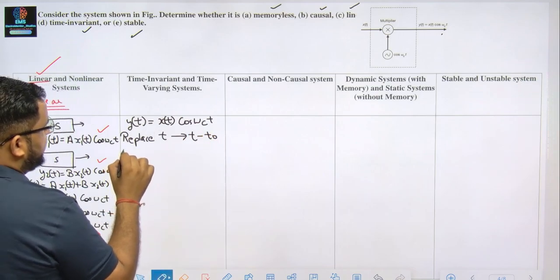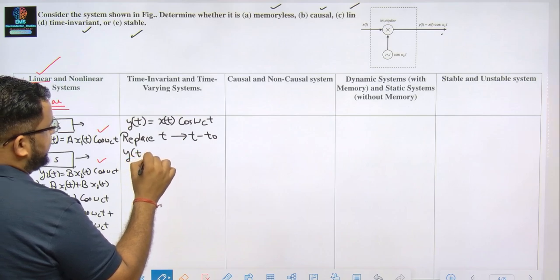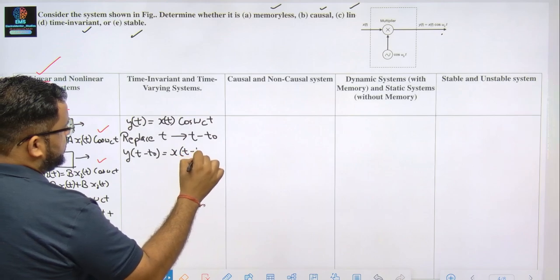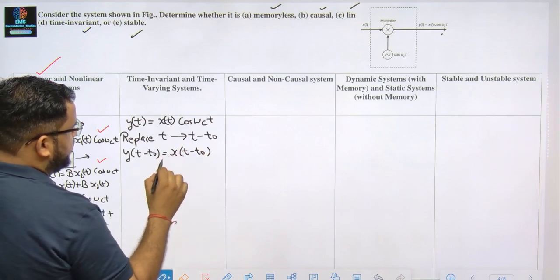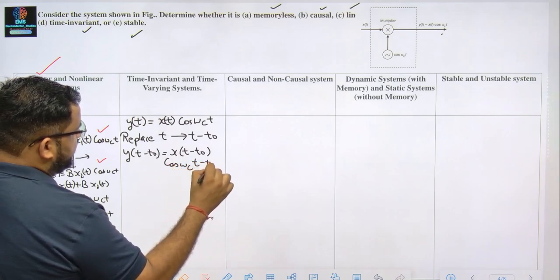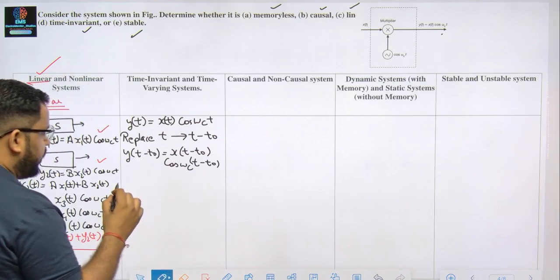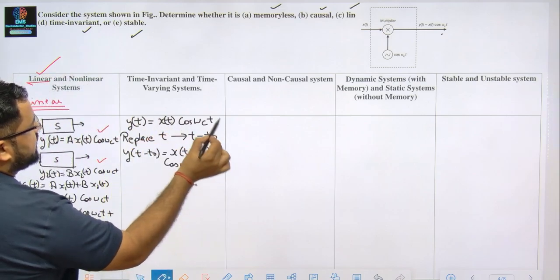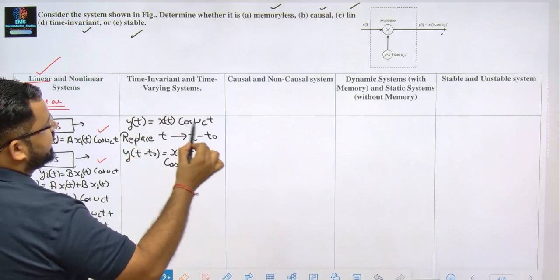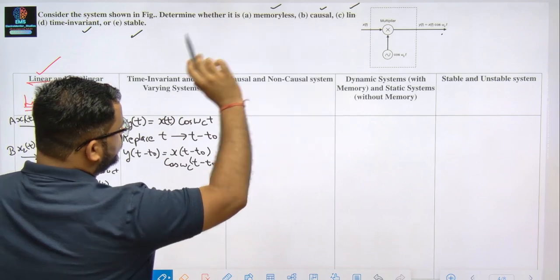So replace all the t by t minus t naught. y(t minus t naught) is equals to x(t minus t naught) cos(omega c (t minus t naught)). Now, before going further, see what I've done. I've replaced all the t by t minus t naught in the output equation.